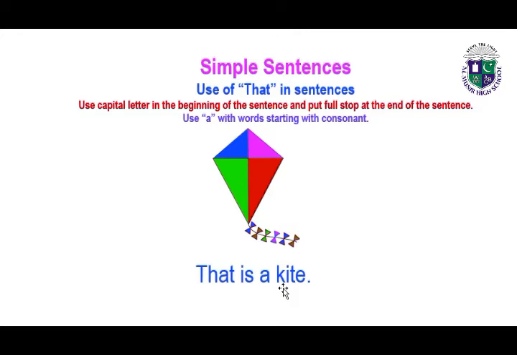You can see K is also a consonant. So kite is starting with the letter K, and K is a consonant, and that's why we use a here. So write the sentence like this: That is a kite. Read after me: That is a kite.